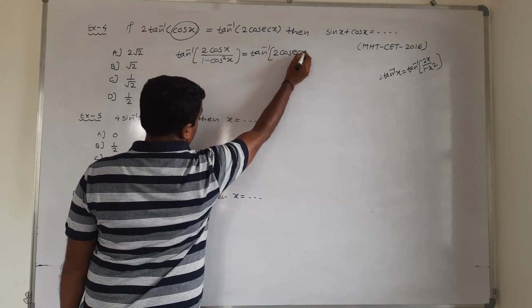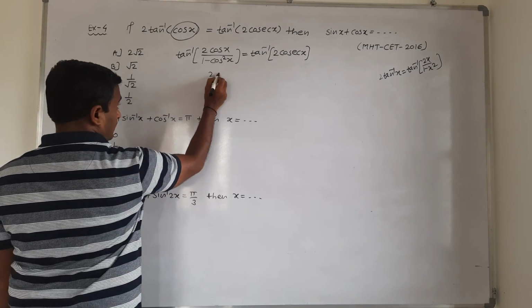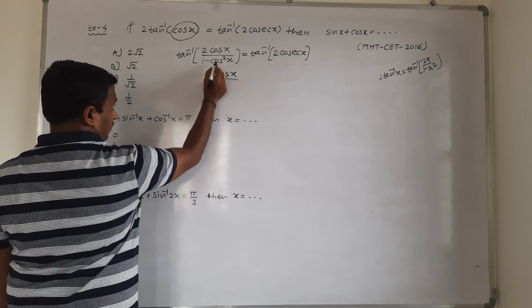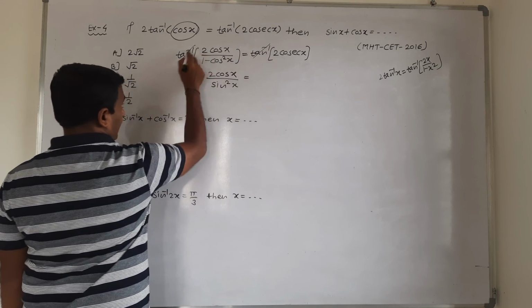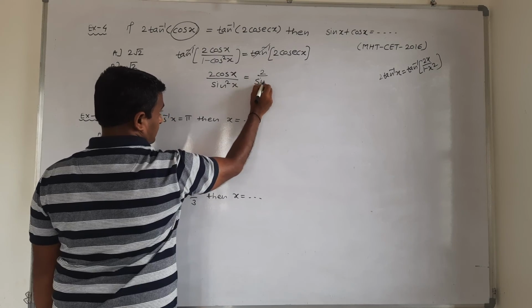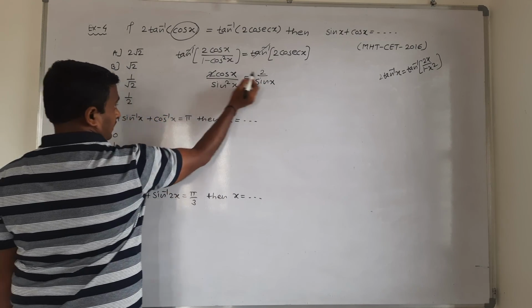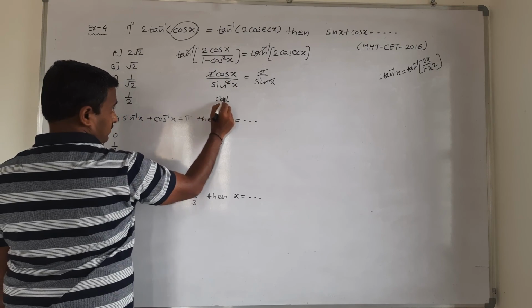Tan inverse cancels. 2 cos x upon 1 minus cos square x means sin square x, and here 2 cosec x is 2 by sin x. Cancelling 2 and one sin, cos by sin is cot x.